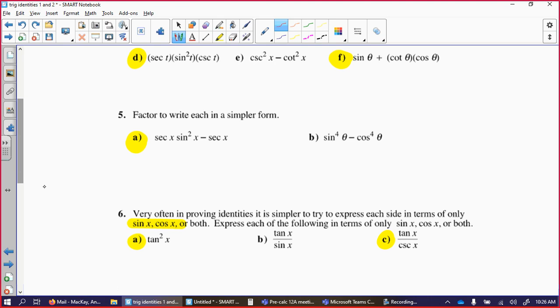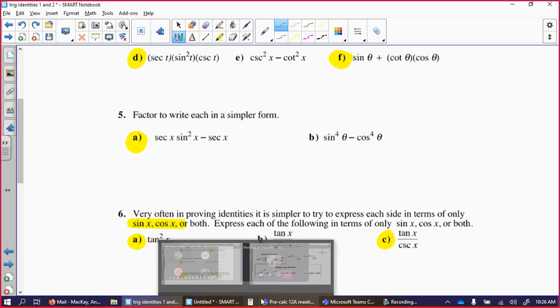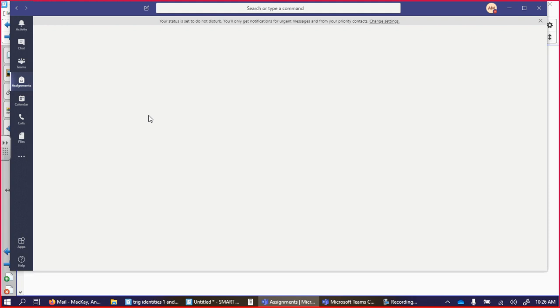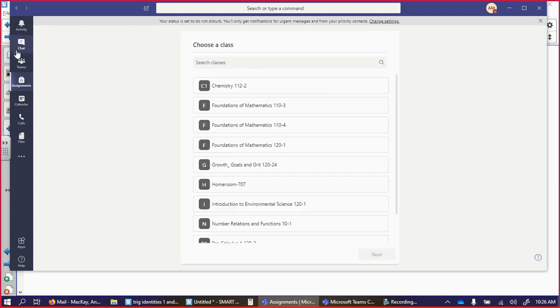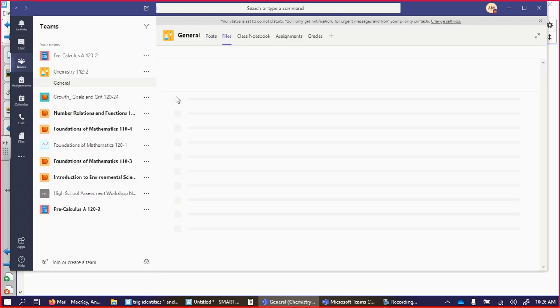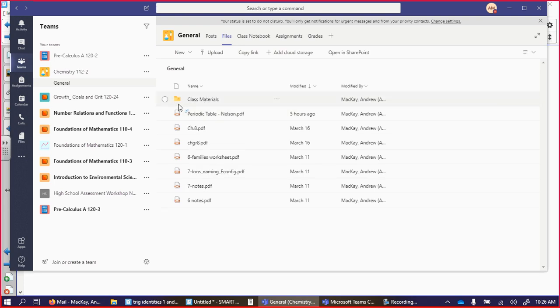I have a question. Go ahead. Are these all going to be highlighted if we go onto the assignments or files? What am I looking for? The assignments, I think I just wrote the questions down, but if you go into the files, and I think it's called, oh, that's chemistry, so that's not going to help us.